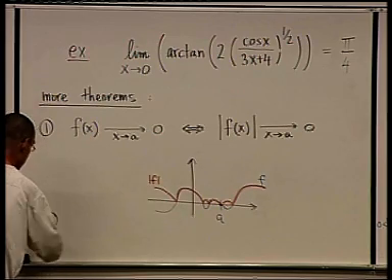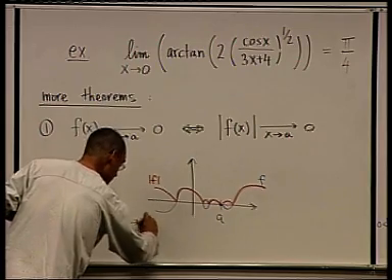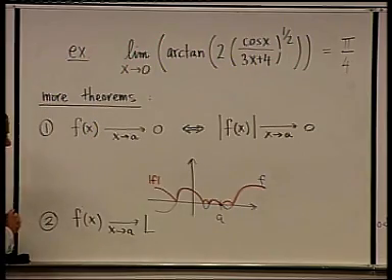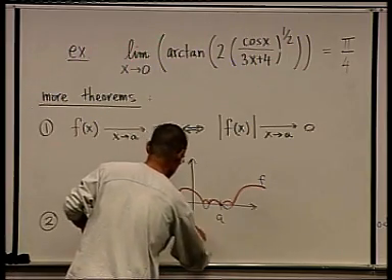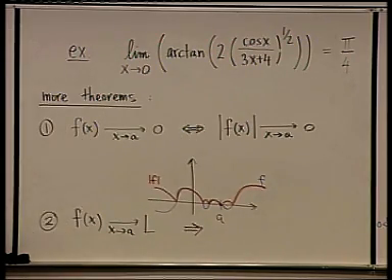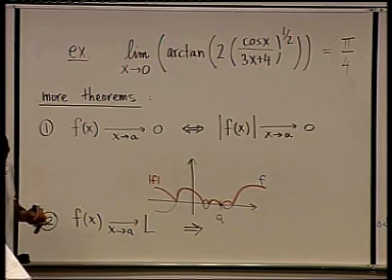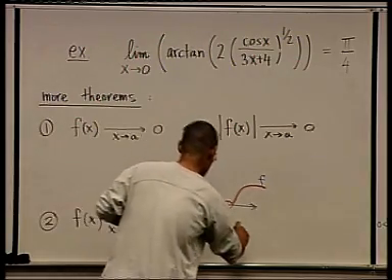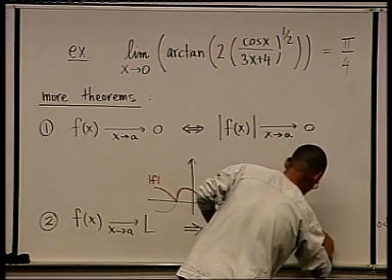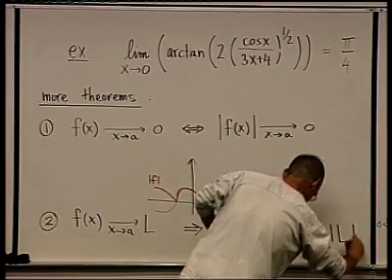So number 2 is, if f of x goes to any value, L, then f of x in absolute value goes to L in absolute value.